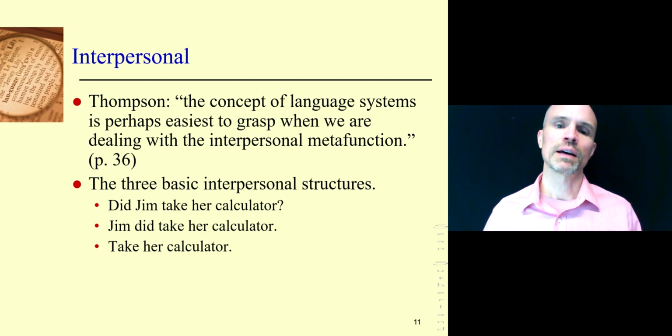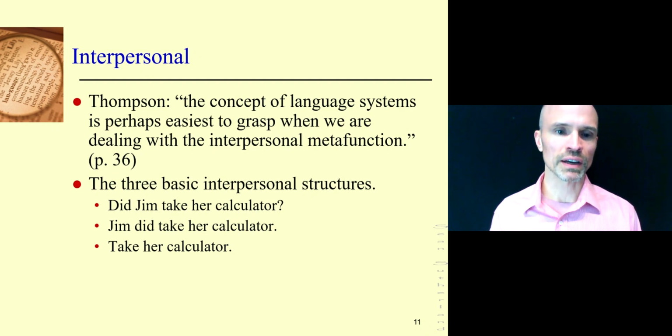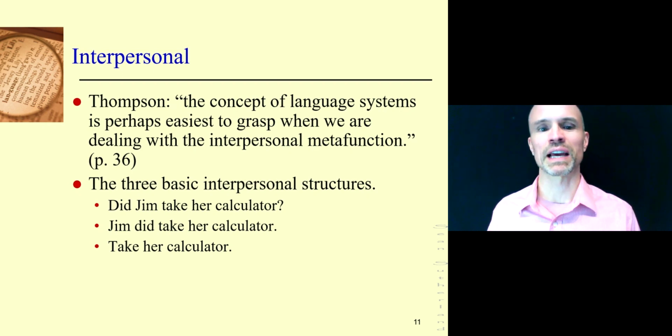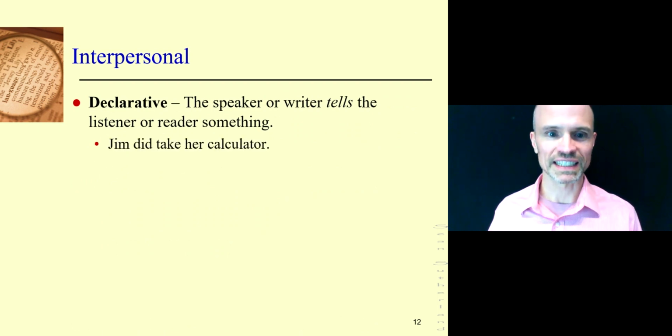We have these 3 basic interpersonal structures, right? Structure, as you may know, here is being used to say grammar, particularly the aspect of grammar to do with word order. Look how the word order has changed with these 3 basic structures that we have available to us in English. One by one, more carefully, more slowly, let's say.